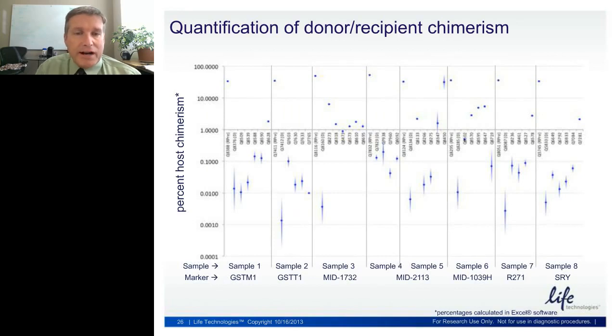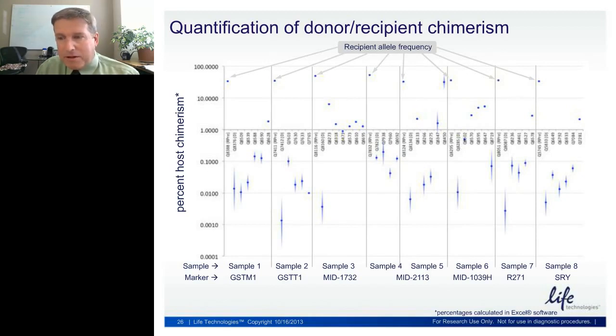This is a summary of the entire study where we have the 7 different loci that were analyzed in 8 different patients. These are the 7 loci down here. The samples are from the 7 different patients. We have the starting pre-stem cell frequency, indicated by the points at the top of the graph.